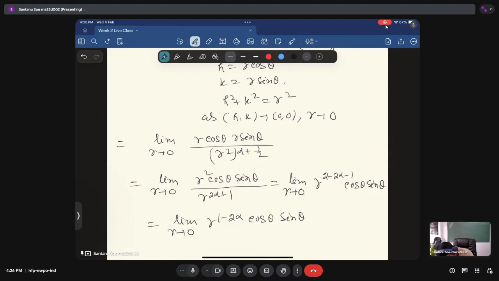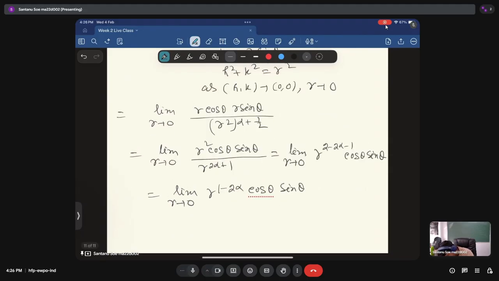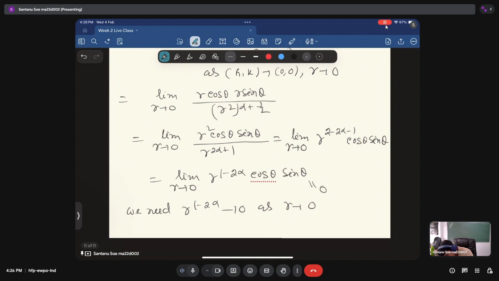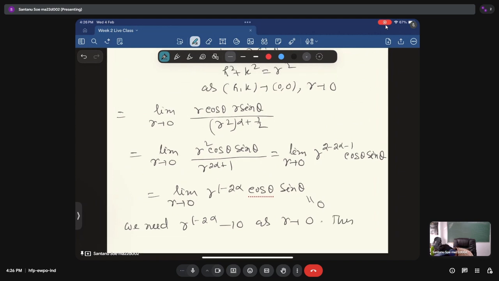limit r tends to 0 of r to the power 1 minus 2 alpha cos theta sin theta. So now see that to become this limit 0, we need r to the power 1 minus 2 alpha to go to 0 as r goes to 0. Now this will only happen when 1 minus 2 alpha is greater than 0, and this is implying alpha is less than half.